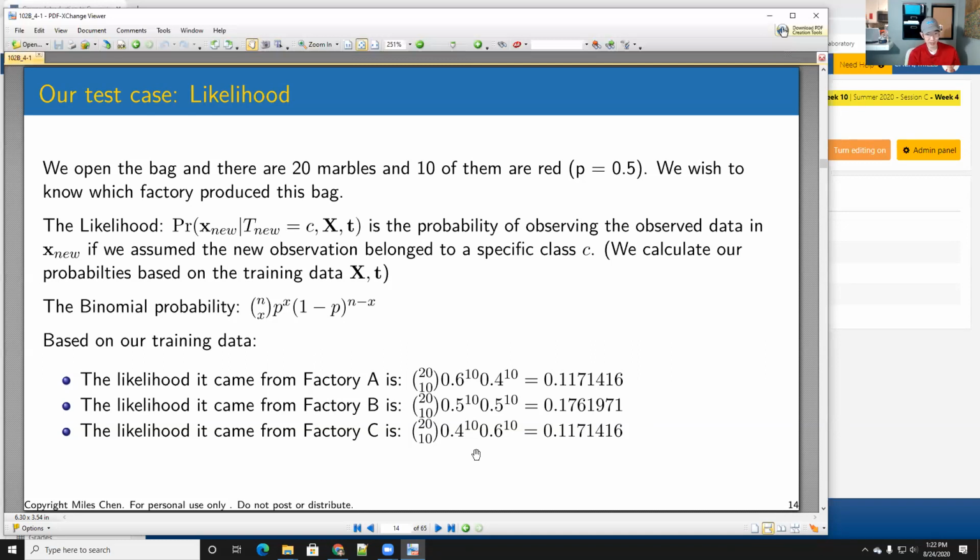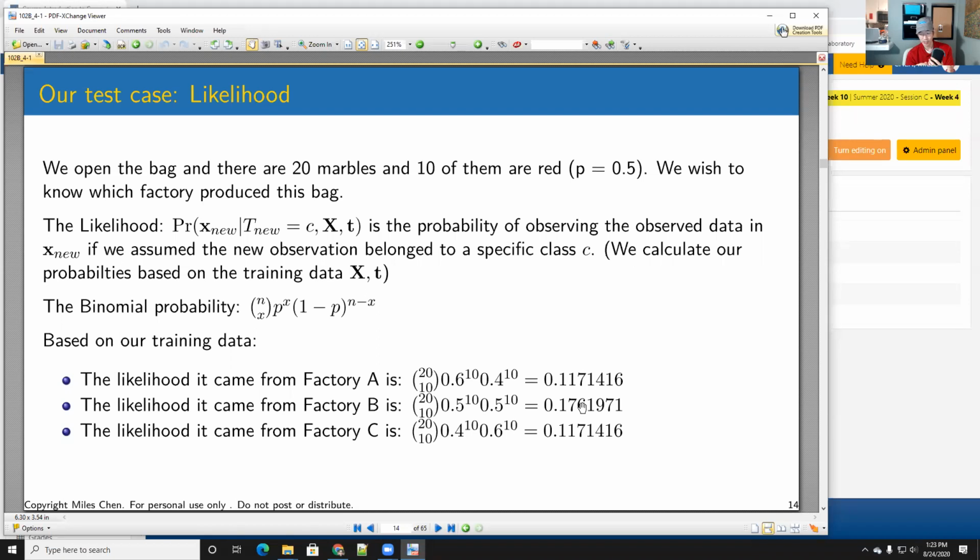Could this pouch that got 10 red out of 20 marbles have come from factory A? It could have. If it came from factory A, which is 60% red, the likelihood is 11.7%. Factory B has the highest likelihood at 17.6%, which makes sense because, according to our training data, factory B produces 50% red, and our pouch is 50% red.